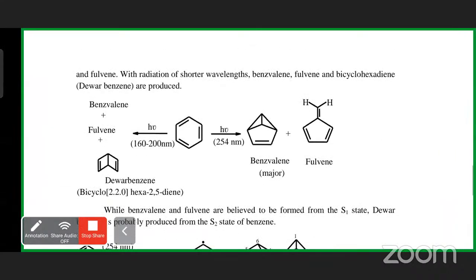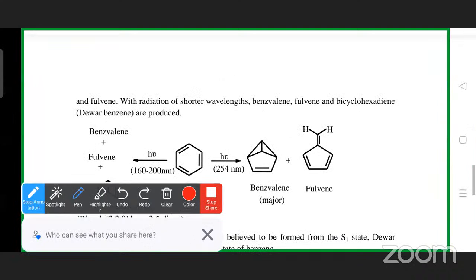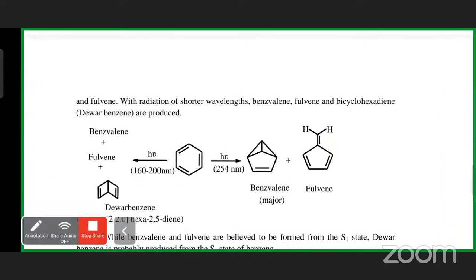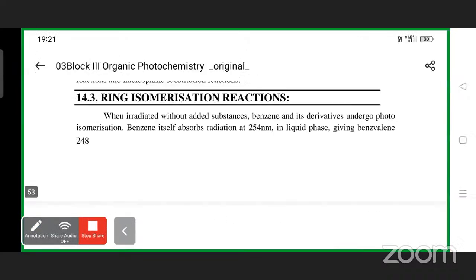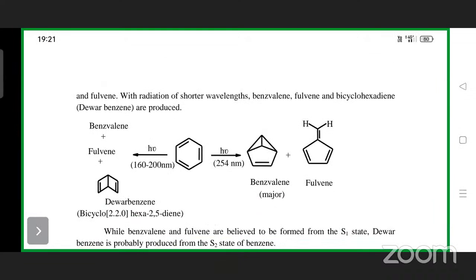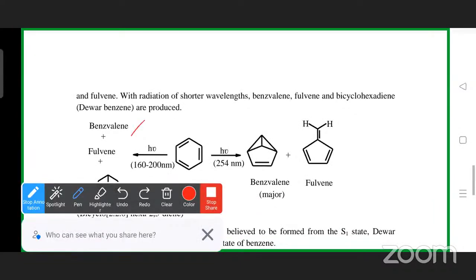So here is the ring isomerization of benzene, and these are the products obtained in the ring isomerization of benzene. Here is a benzene, and it is irradiated at different wavelengths.